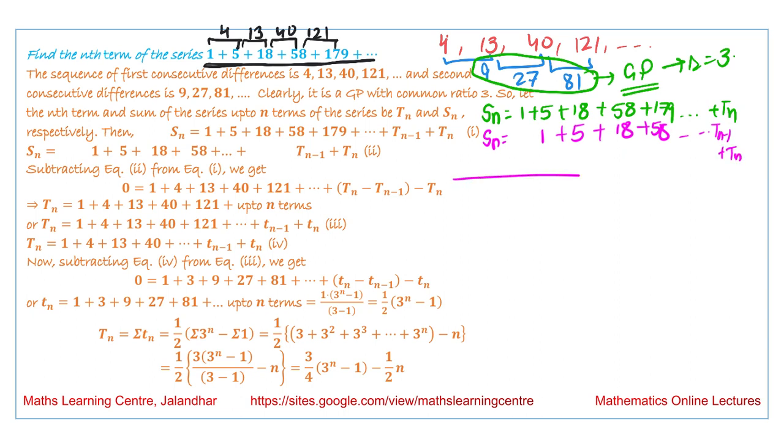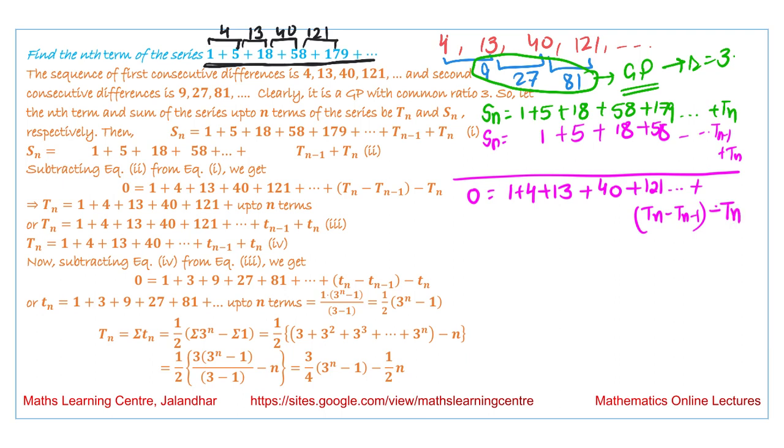Now if we subtract both these values, we get 0 is equal to 1 plus 4 plus 13 plus 40 plus 121 and so on up to plus Tn minus 1, and the last term is minus Tn.